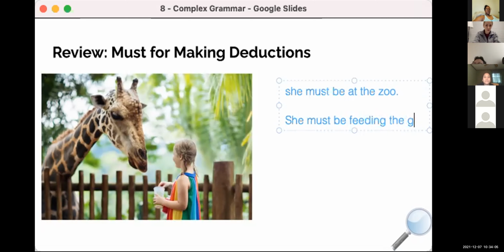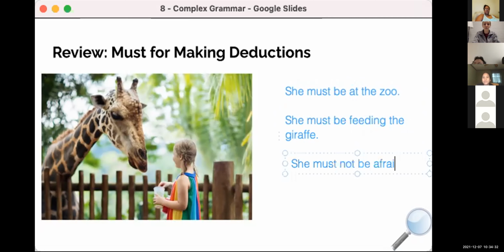She must be feeding the giraffe. It's pretty close. I mean, maybe she's feeding herself, but I think she's feeding the giraffe. Not afraid to feed the giraffe. There's a good negative sentence. She must not be afraid.